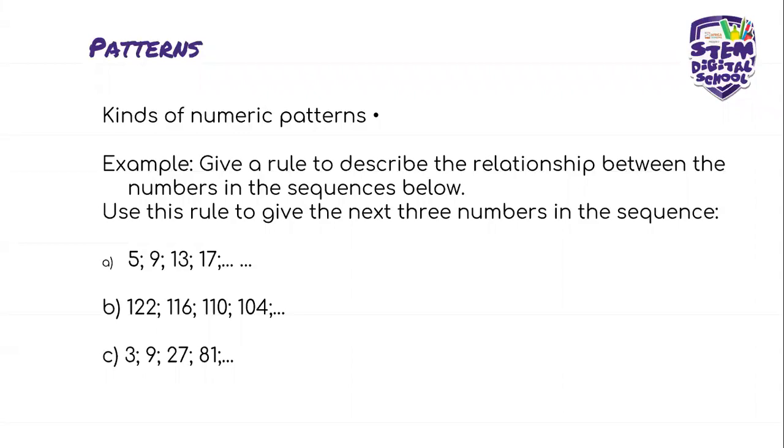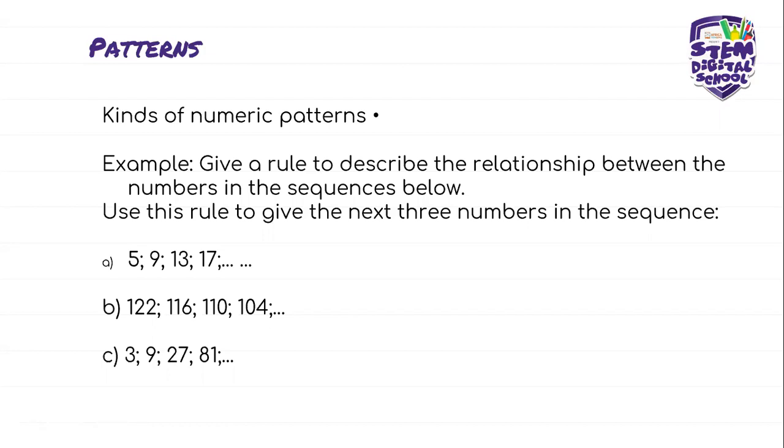This simply means you have to subtract. So what is that number which you are going to subtract from 122 in order to get 116? You can tell that if you subtract 6 from 122, you'll definitely get 116.